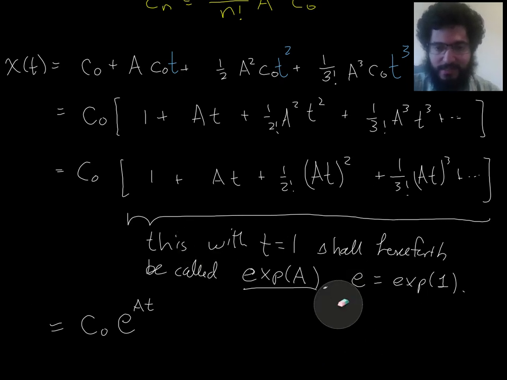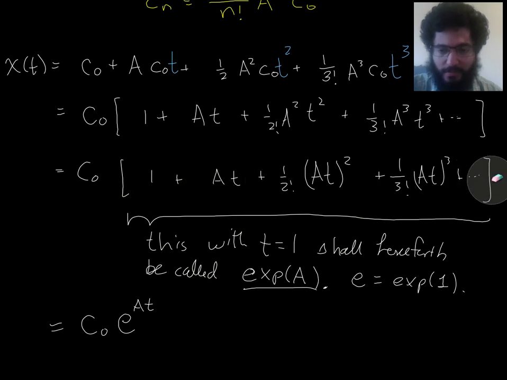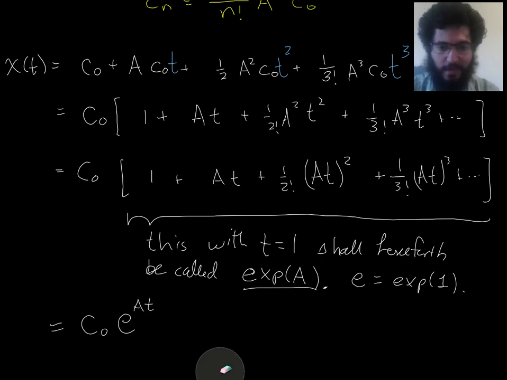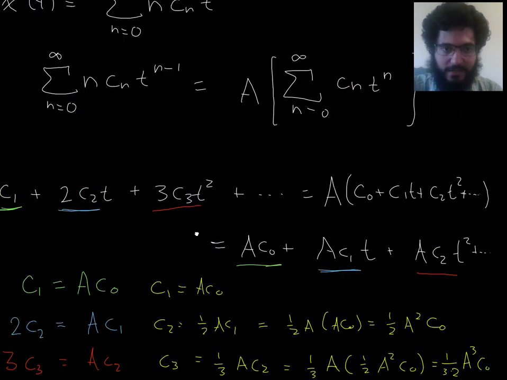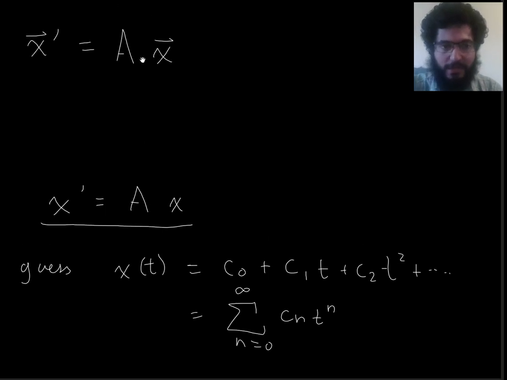The point is, starting from the differential equation, we find ourselves with the power series for what we would call e to the at. That's the main point. And the idea now is to take this simple thing that we did with a 1-by-1 matrix, basically just taking a to be a number, and then try to do it for a being an n-by-n matrix.